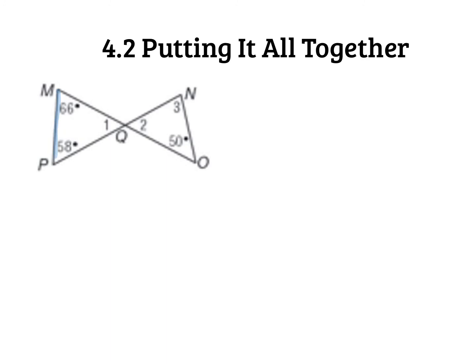Triangle MPQ. And I'm going to first find angle 1. So we got 58 plus 66 plus angle 1 should equal 180. If I combine like terms, we got 58 plus 66 is 124 equals 180.